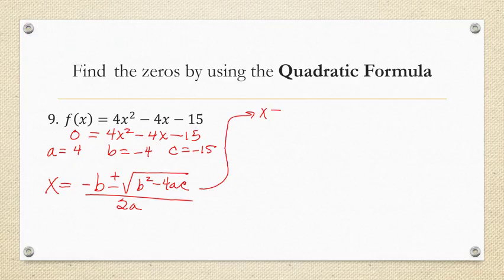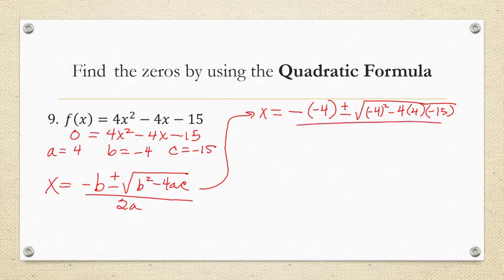So let's do it. X equals negative, what is your b value? Negative 4. Plus or minus the square root of negative 4 squared minus 4 times a, what is our a value, 4, times c, what's our c value? Negative 15. All divided by 2 times 4.